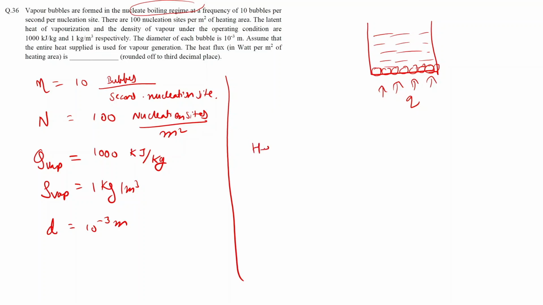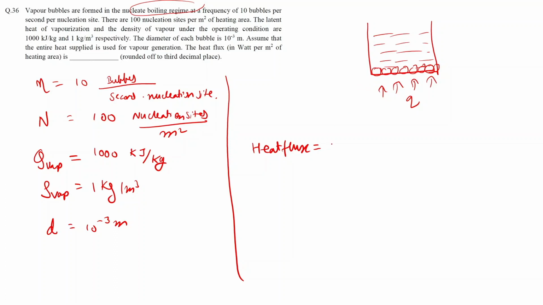So basically you can write the heat flux as follows. Here we are providing heat and the bubbles are formed over here. These bubbles will have this latent heat of vaporization, and that will be used for further boiling of the liquid.